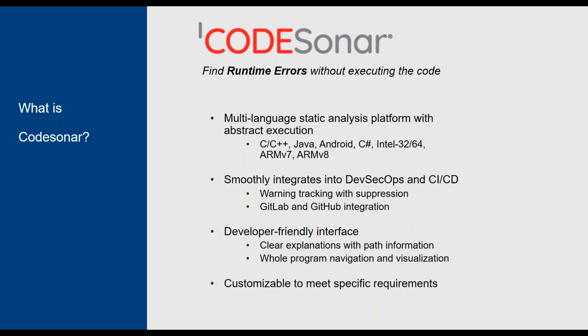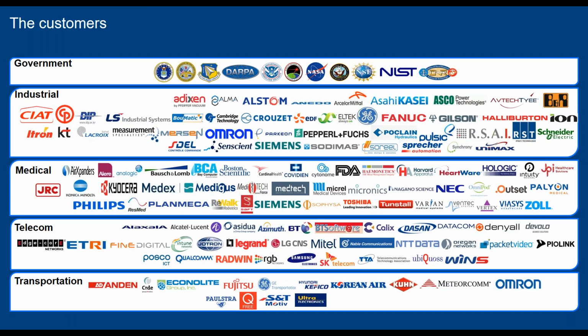It can be customized very much depending on your own needs or your industry. Here are some of the customers. Mainly these are technical development customers that use C and C++ as their main language.